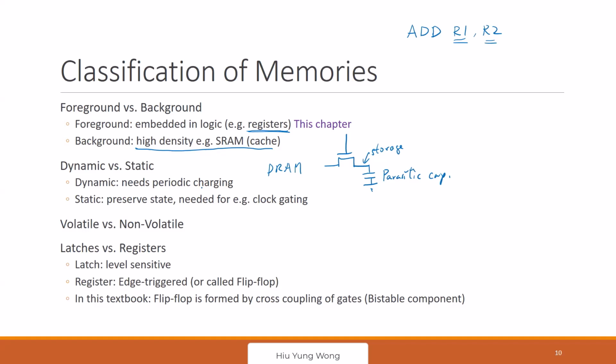Some memories are static, and of course, registers are usually static, right? For example, SRAM, which we'll discuss later. It is just a coupled pair of inverters, and then come access transistors.